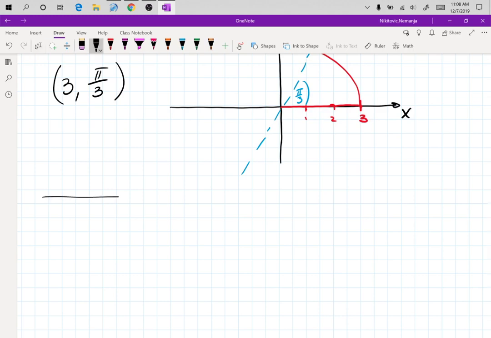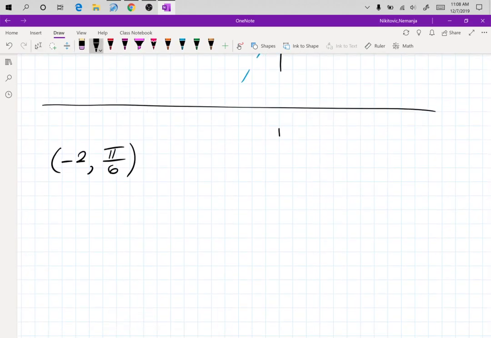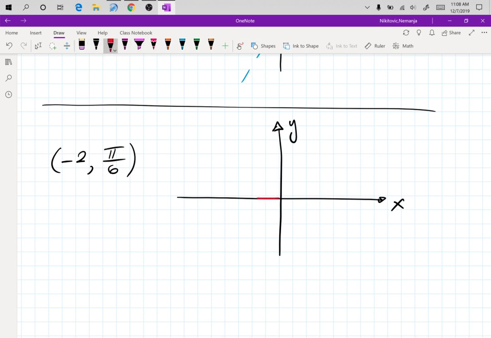Let's take a look at -2, pi over 6, let's say. My r is negative now, which means that I will draw this way to -2. And I still need to do the positive angle pi over 6.